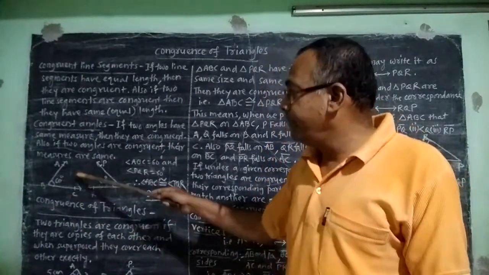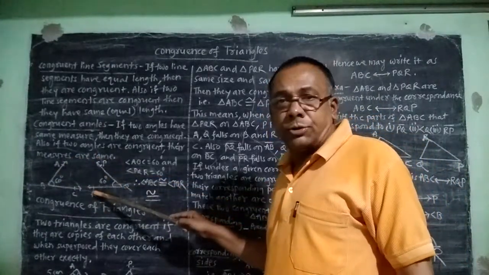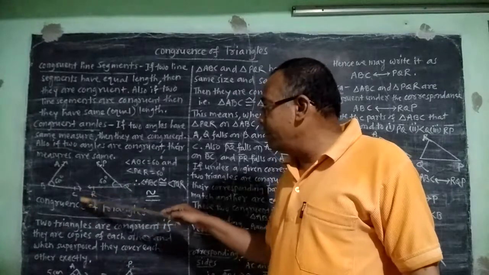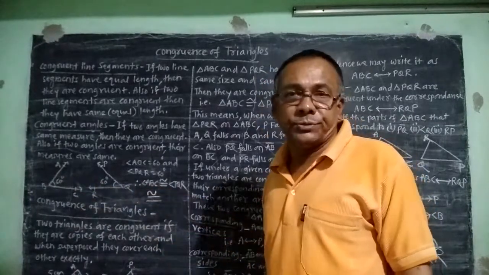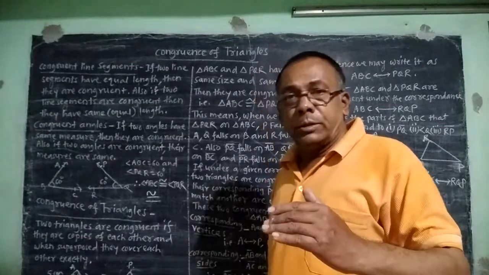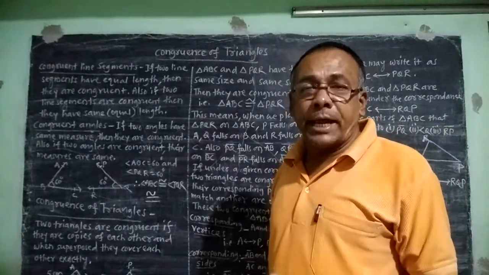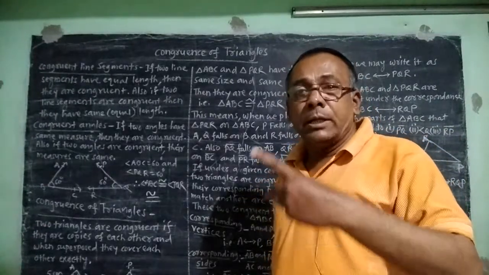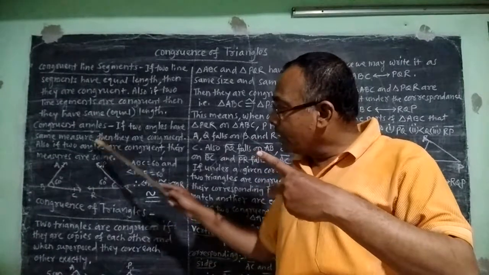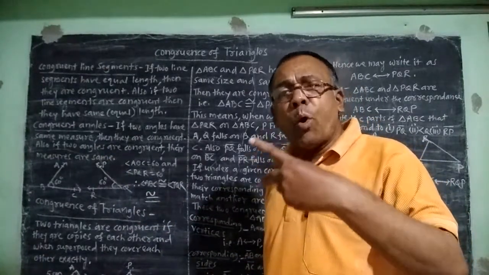Here in the figure, angle ABC and angle PQR are drawn having measure 60 degree each. Now if we put one angle on the other, then it is seen that the corresponding sides of the angles coincide with each other.